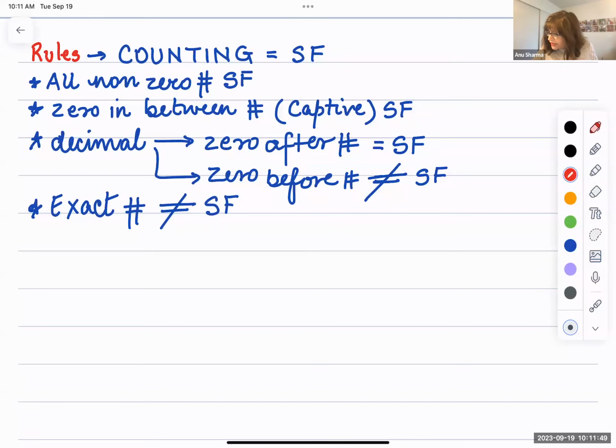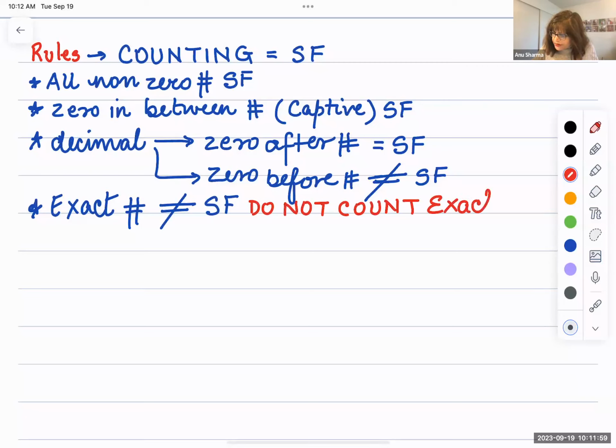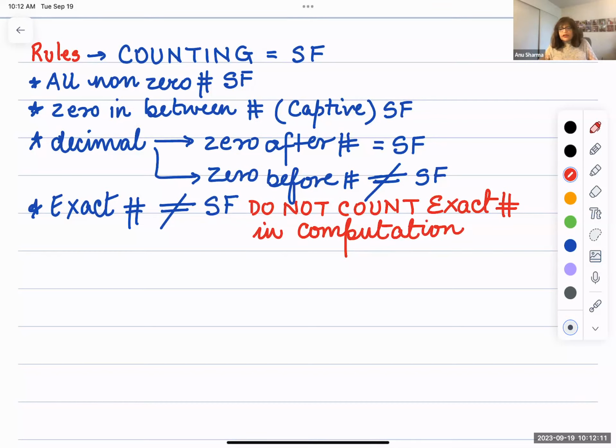Do not count. I'm going to write this in red. Do not count the exact numbers in calculations. Okay? In computation means when you are calculating.